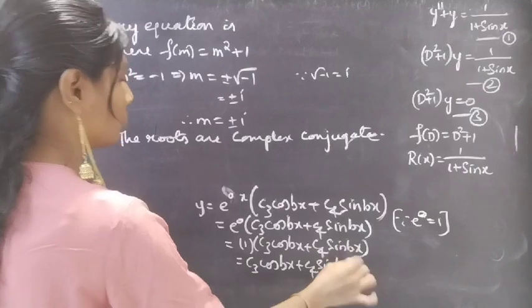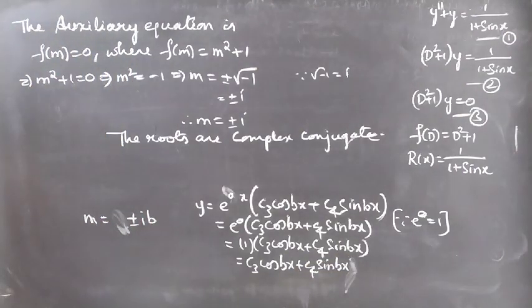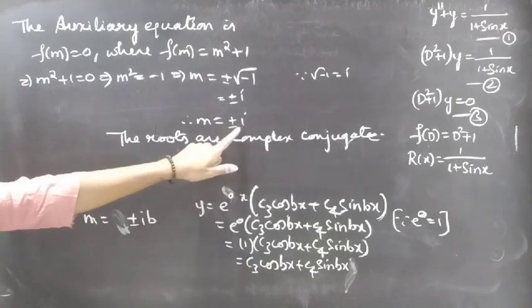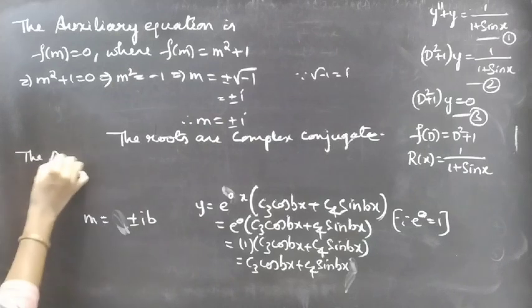Let's now write the solution to the homogeneous equation. Just compare m equal to plus or minus i with m equal to plus or minus ib; then for b equal to 1 we get the solution of the homogeneous equation.